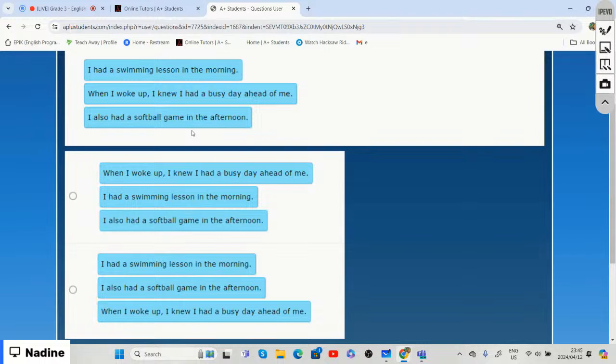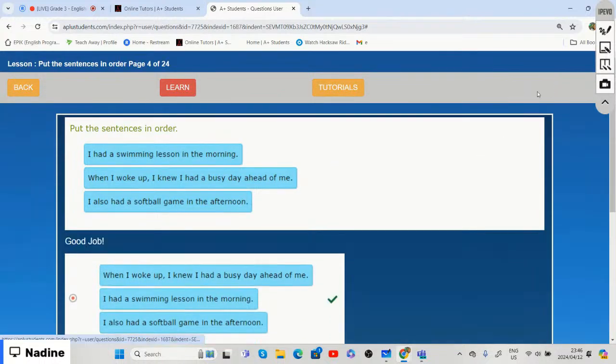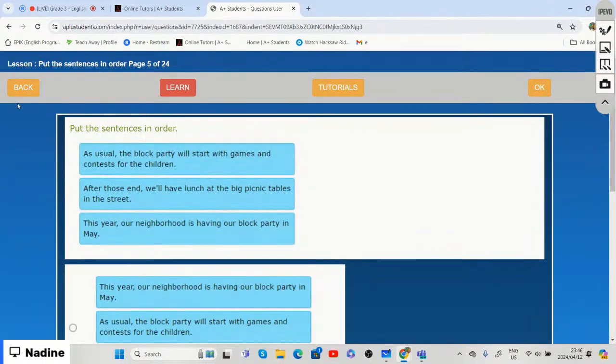So if we look at the wording they've been using, the first one says, when I woke up. The second one says, in the morning. And the third one says, in the afternoon. So now we already know which ones are in order. So we'll go with the first option. Yes, well done. The first option is correct.